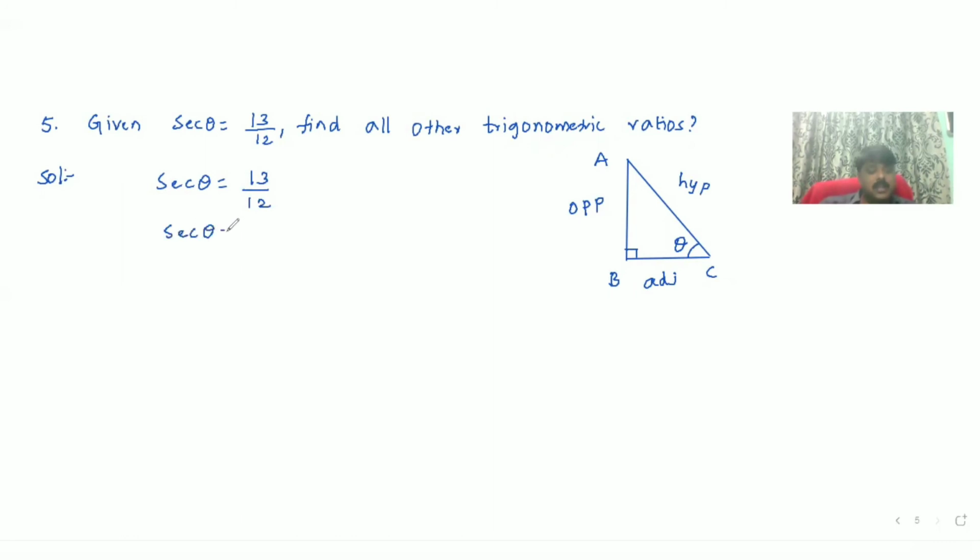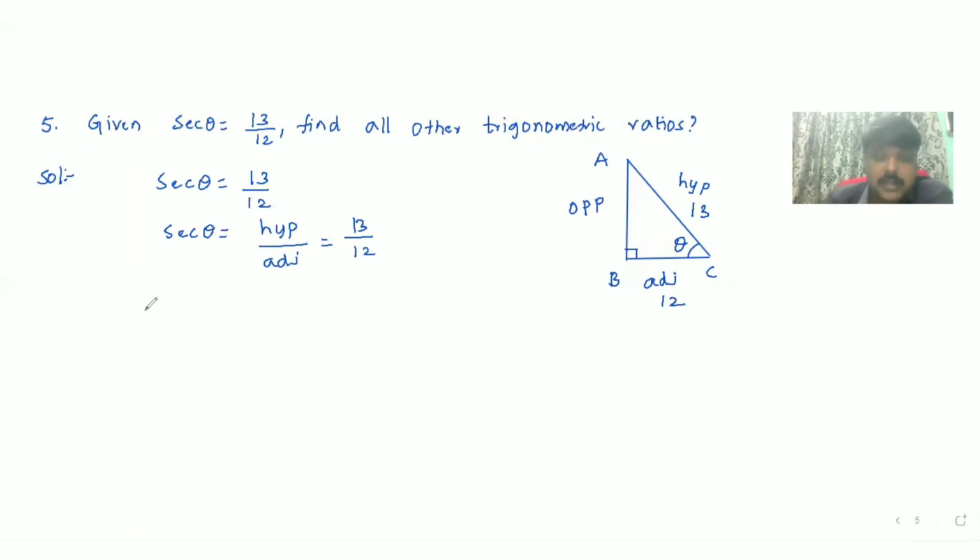But secant theta equals hypotenuse by adjacent, which equals 13/12. Hypotenuse is 13, adjacent is 12.